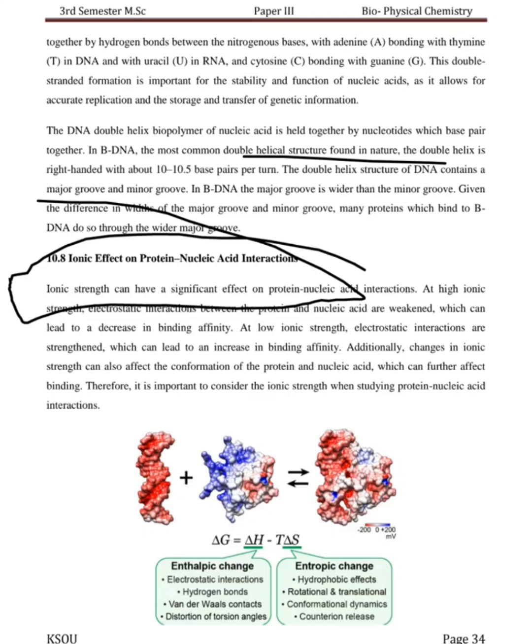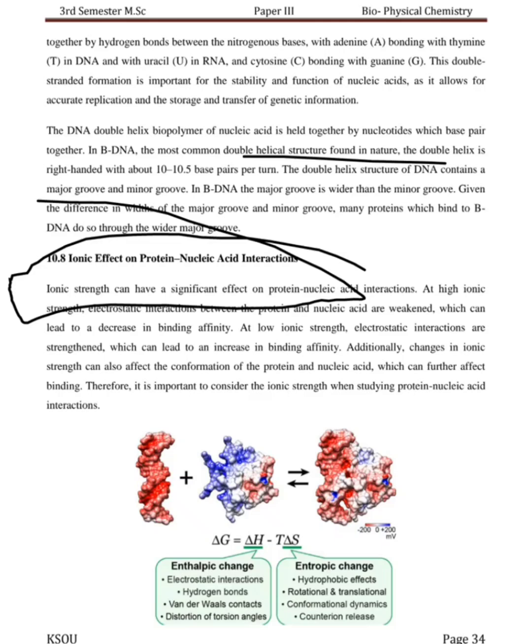If the ionic strength is low, the electrostatic interactions are strong. This is the difference in the ionic effect: if the ionic strength is high, the interaction will be less; if the ionic strength is low, the interaction will be more.